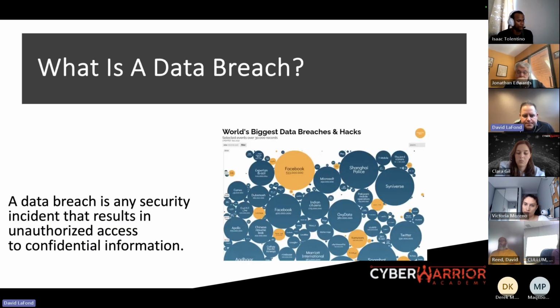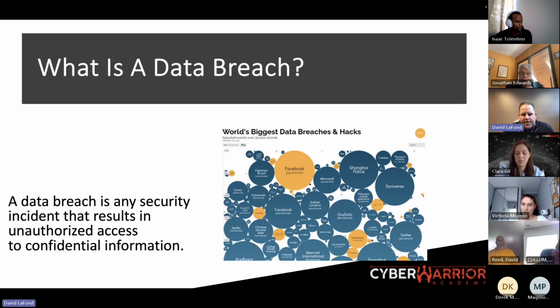And what is a data breach? On this diagram here, you'll see a lot of different data breaches, in this case events of 30,000 records or more, and I'm going to show a picture of this next in a much larger form. What a data breach does is it's an event or an incident which results in unauthorized access of a certain type of information.